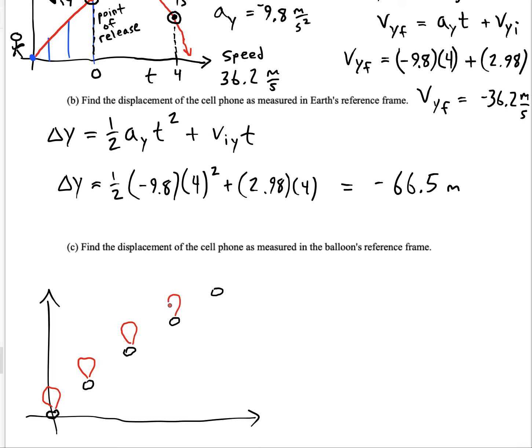And so the cell phone will take that parabolic path. But what's being asked is the displacement from the balloon's perspective, which would not be called delta y, but delta y prime.